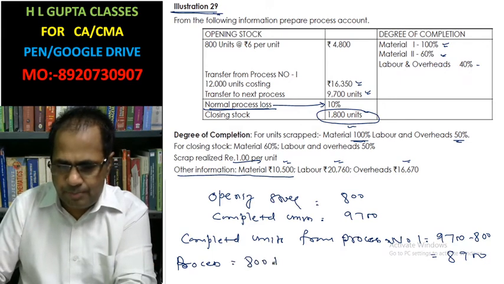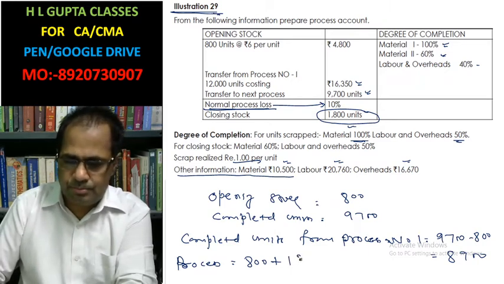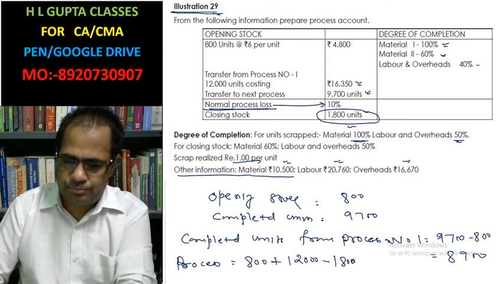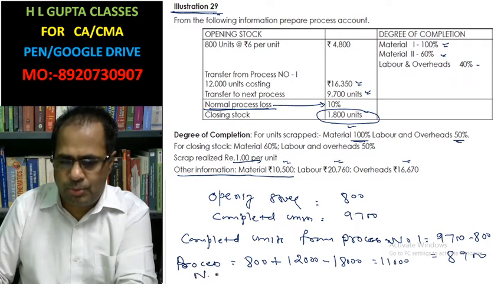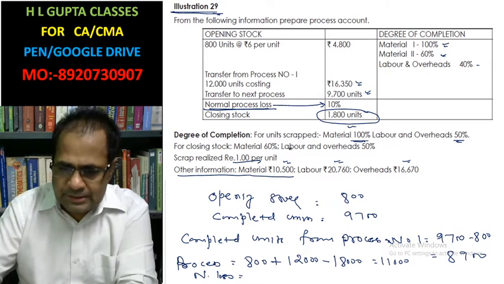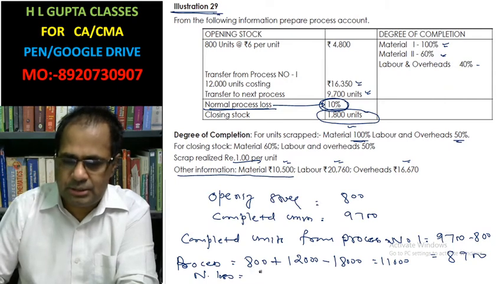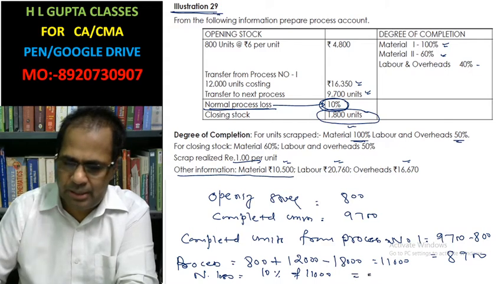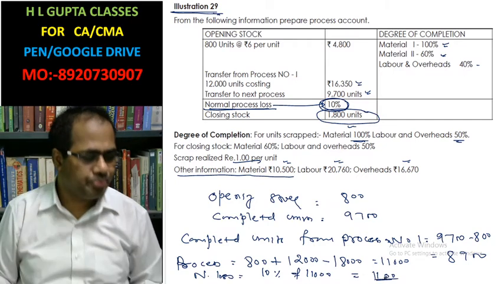Opening 800 plus input 12,000, less closing 1,800, that is 11,000. Normal loss would be what? This is given 10%. Normal loss is 10% of 11,000. This is 1,100. Normal loss is 1,100.